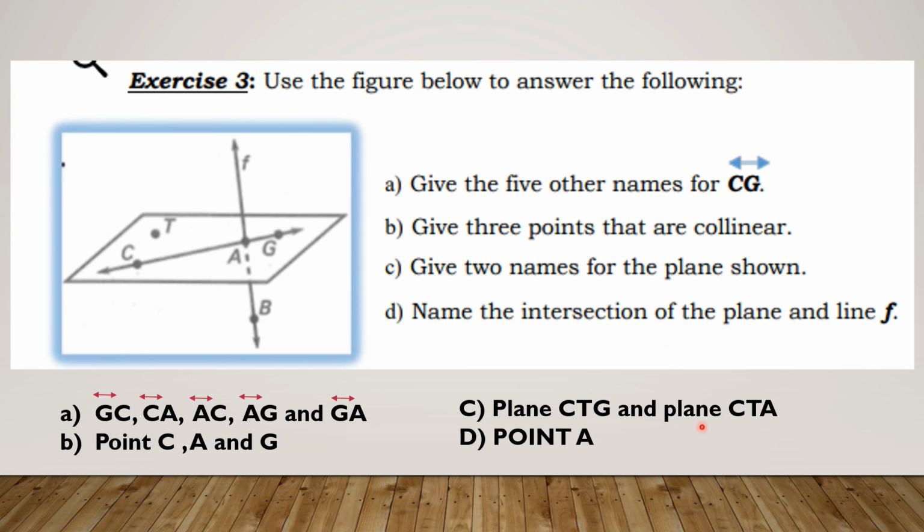The other one, C and G are in the line, and T is outside the line, so we can also call it plane CTA. Then, what is the intersection of the plane and the line? Point A. This is the plane, and this is their intersection. Point A.